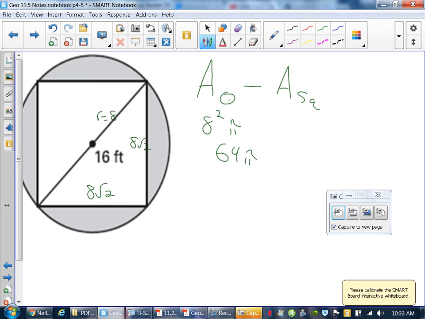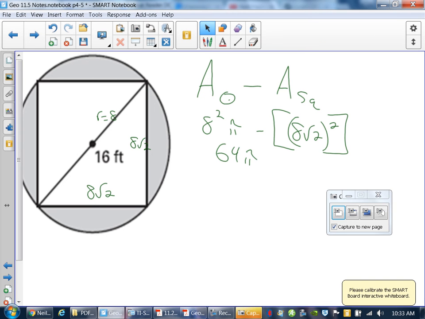So you have to find the area of that square. And here's where you have to be very careful. Notice that I wrote it up as the quantity 8 root 2 squared. If you don't put parentheses around that whole thing before you square it, you're going to get the wrong answer. Let me show you what happens.